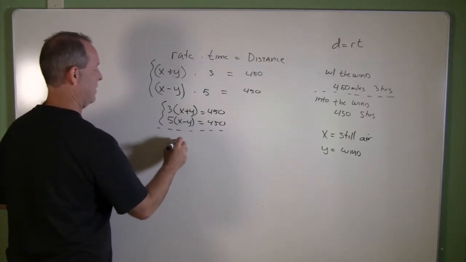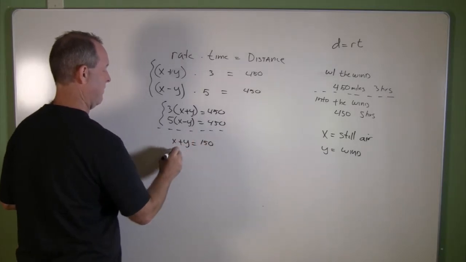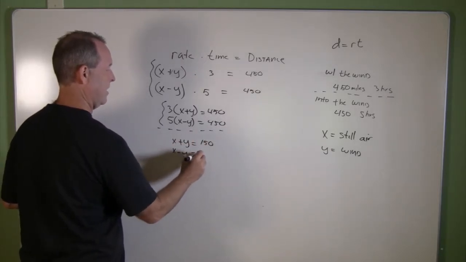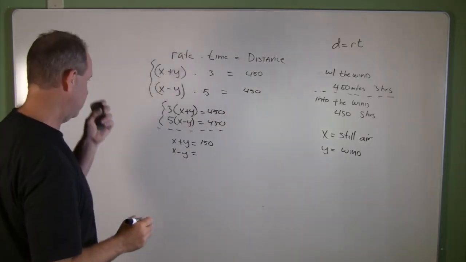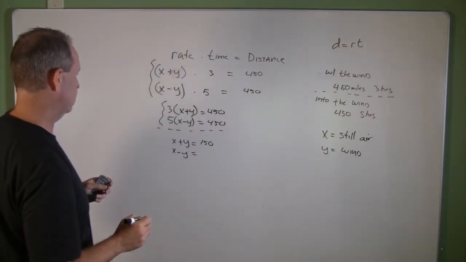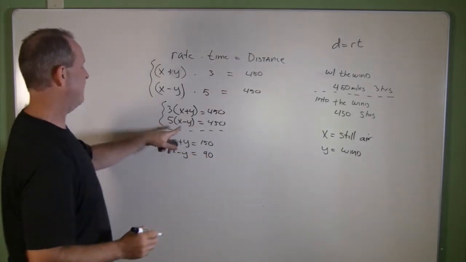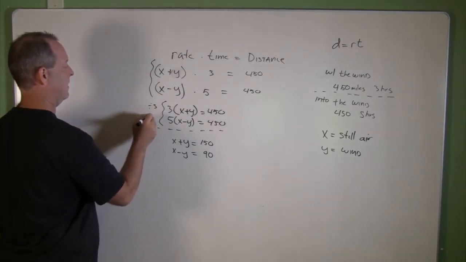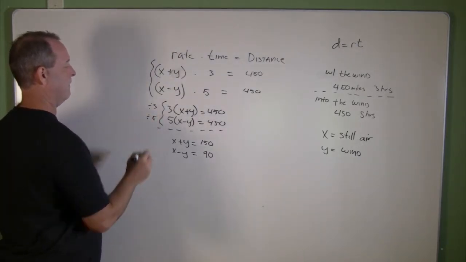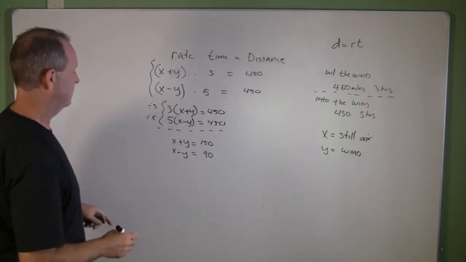So then I'll have x plus y equals 150, and then x minus y equals, not 100, 90. Dividing 450 by 5 gives me 90, correct.